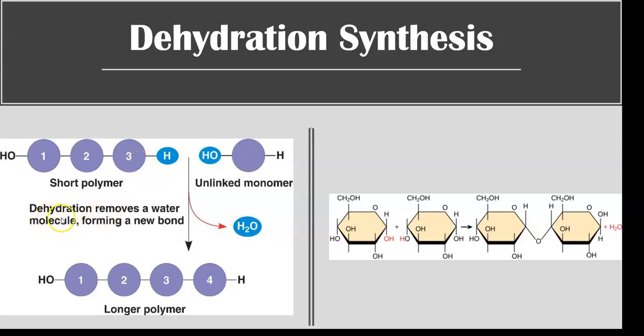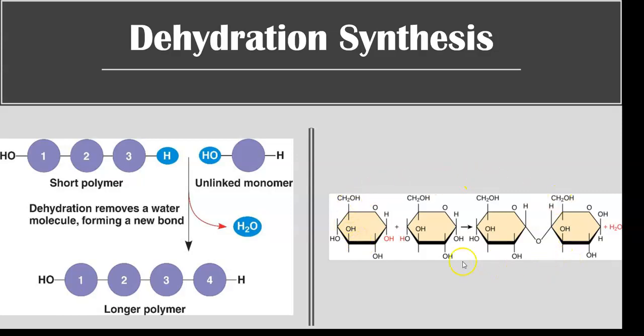All right, so as it says, the dehydration is going to remove that water molecule, so bye-bye H2O, and that's going to allow this unit to bond to monomer number 3, forming a new bond. So now where we had 3 monomers before, now we have 1, 2, 3, 4, all right? So still a really short polymer, but longer than it was before.